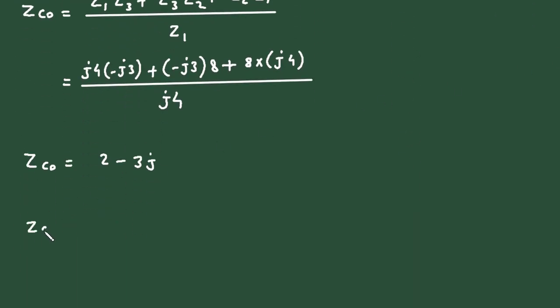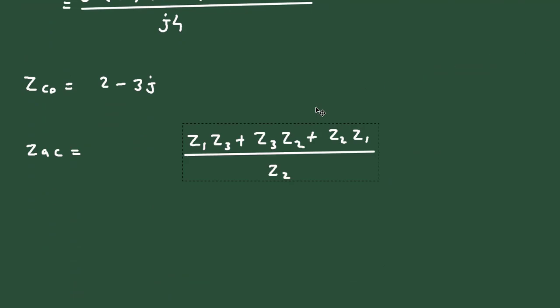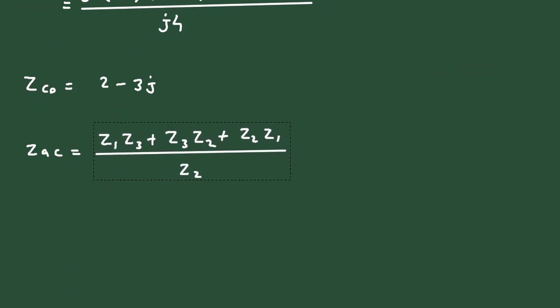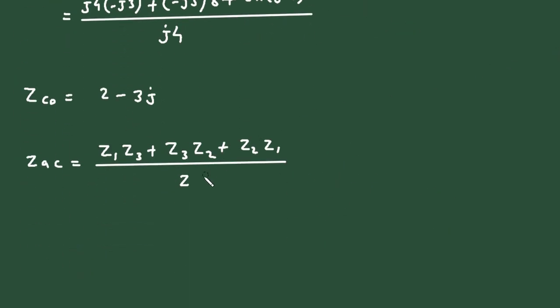So ZAC will be equal to, again same formula, just we have to replace the denominator part. We are converting from star connection or Y connection to delta connection. So now the denominator for ZAC will be, the opposite of this is Z3. So here this will be Z3.